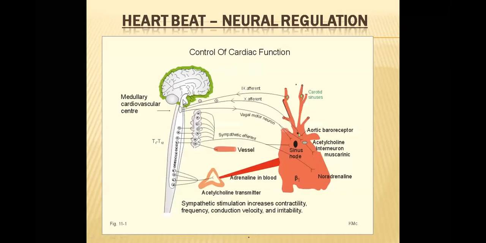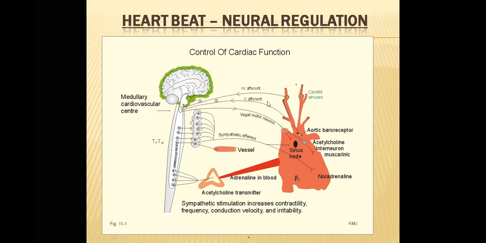And this neuronal control, we have already discussed. Through these baroreceptors, the brain will come to know when the BP is increased. This information will be received by the 9th afferent and 10th afferent nerves. And then what happens? Through the vagus nerve, vagus motor neurons will bring acetylcholine and cause a decrease of the heartbeat rate.